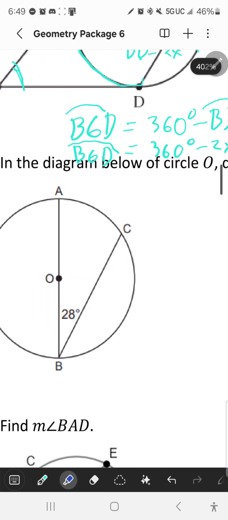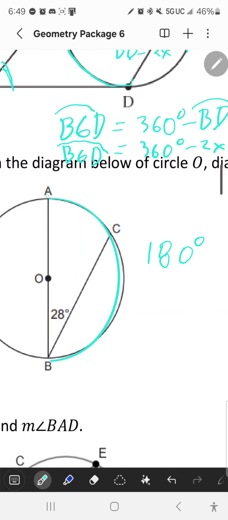First, I know this thing right here is half of the circle, and the whole thing is 360, so half of it will be 180 degrees, because the diameter of a circle divides it in half. So we're good up to there.